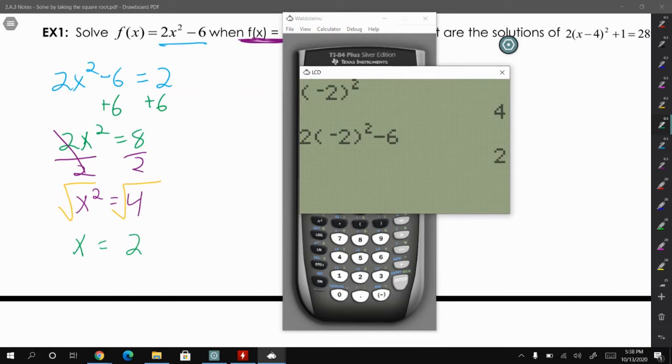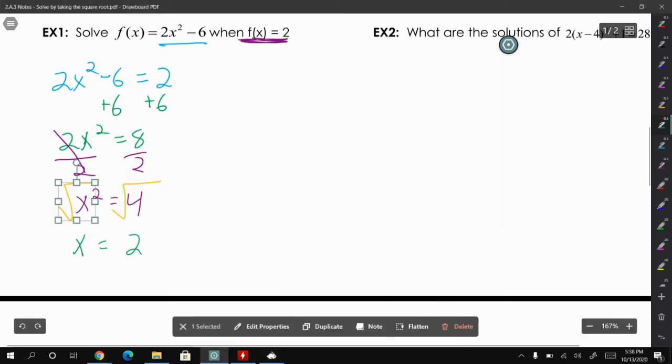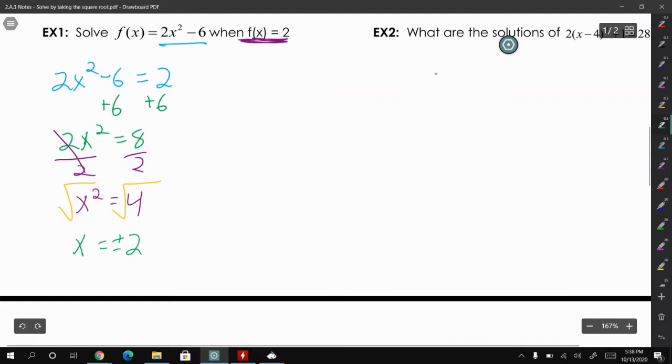So we actually have two solutions. We write this as x equals plus or minus 2. You could say x equals negative 2 and x equals 2.